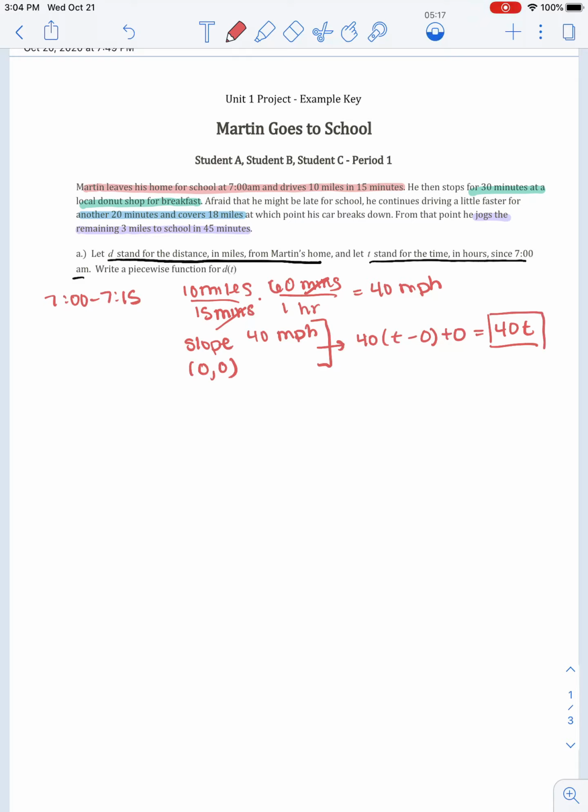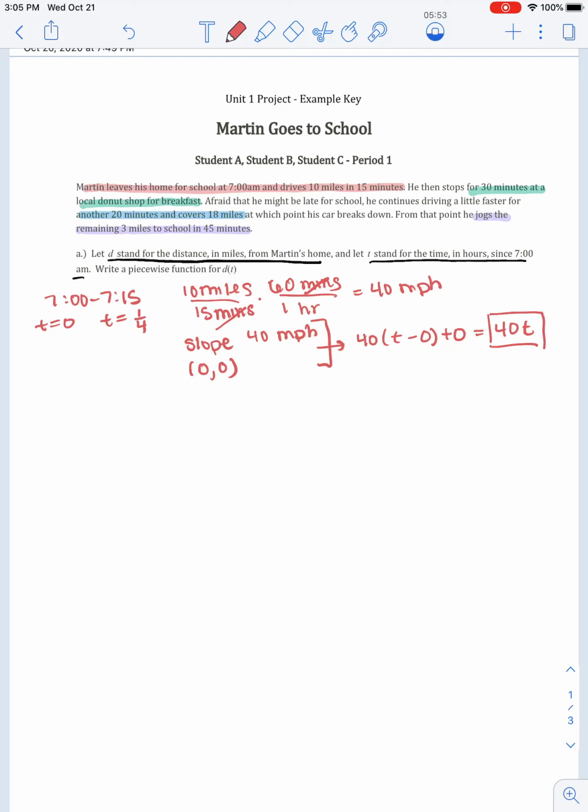But we need to figure out what time values this is happening for. Given that we've defined time to be hours or fractions of an hour since 7 a.m., we want to come up with t values that we could plug into our function that would allow us to figure out how far away Martin is from home. So looking back at this 7 a.m. to 7:15 time window that he's traveling at this rate, we can say that this started at a time value of 0 and ended at a quarter of an hour later.